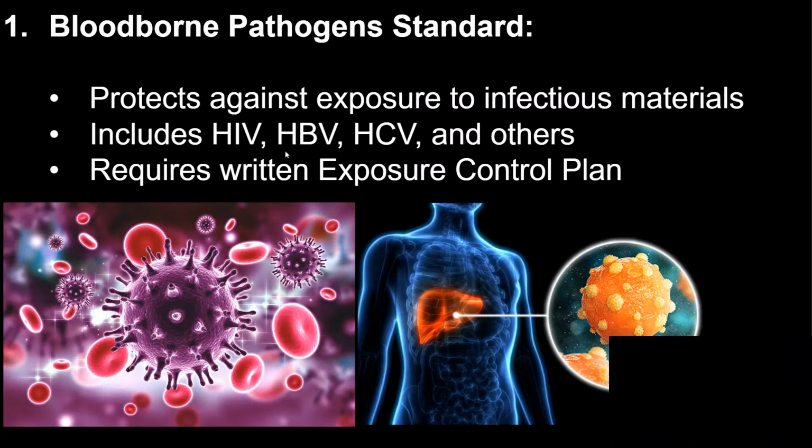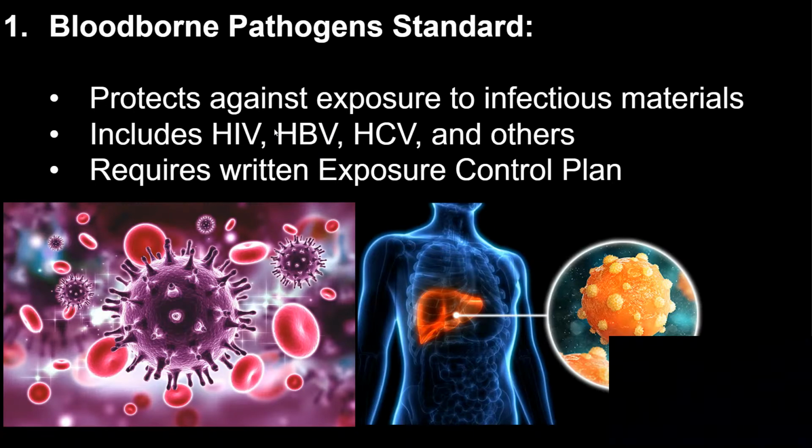So this is just quick information on the bloodborne pathogen standard. I'm not going to go so deep, but I wanted you to know that some of the viruses are very, very dangerous, and you need to be aware of the risk of a person getting infected. This bloodborne pathogen standard helps to protect you against exposure to infected material.